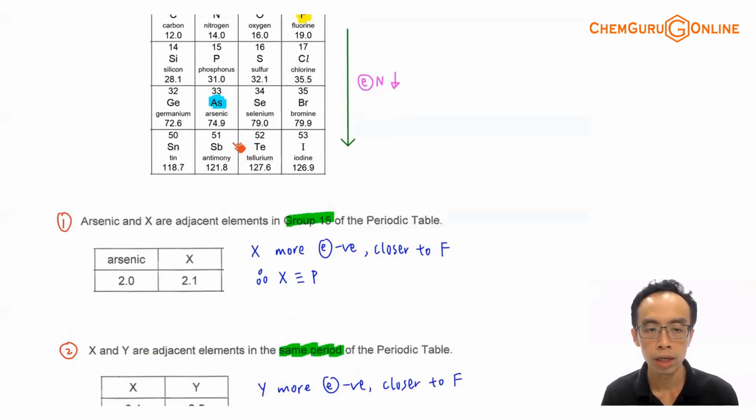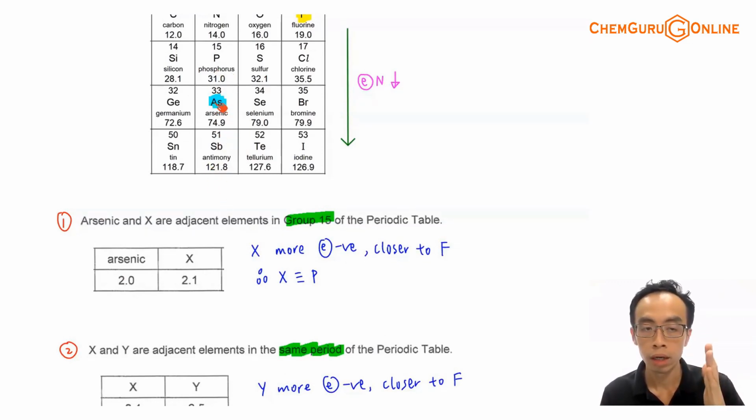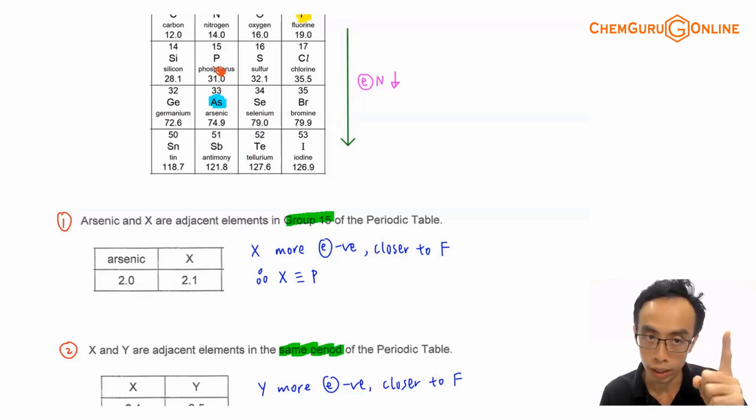If they are in the same group, I can either go up or go down, correct? The adjacent element can either be phosphorus or antimony at the bottom. Since X is more electronegative than arsenic, I have to shift up, and I know that X in this case will be phosphorus, because it is closer to fluorine and more electronegative.